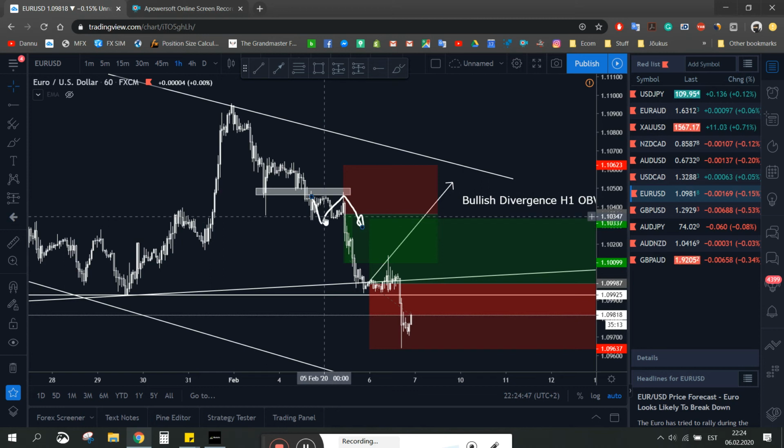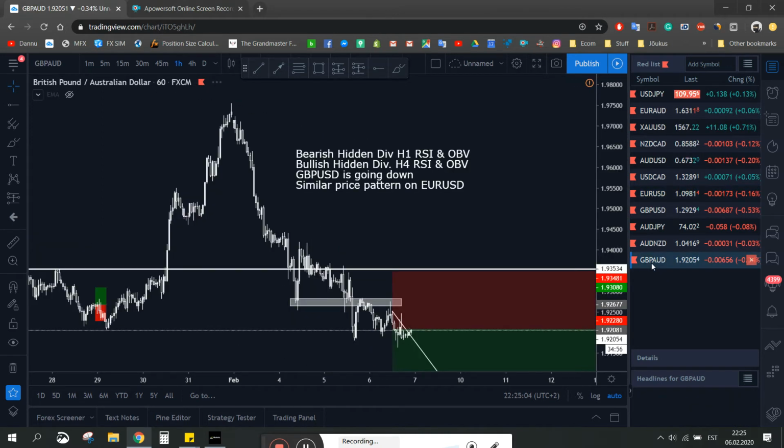So I was kind of right, but I drew my levels wrong, and this price pattern ended up giving me an idea to enter this trade, because it kind of looks similar, you know.